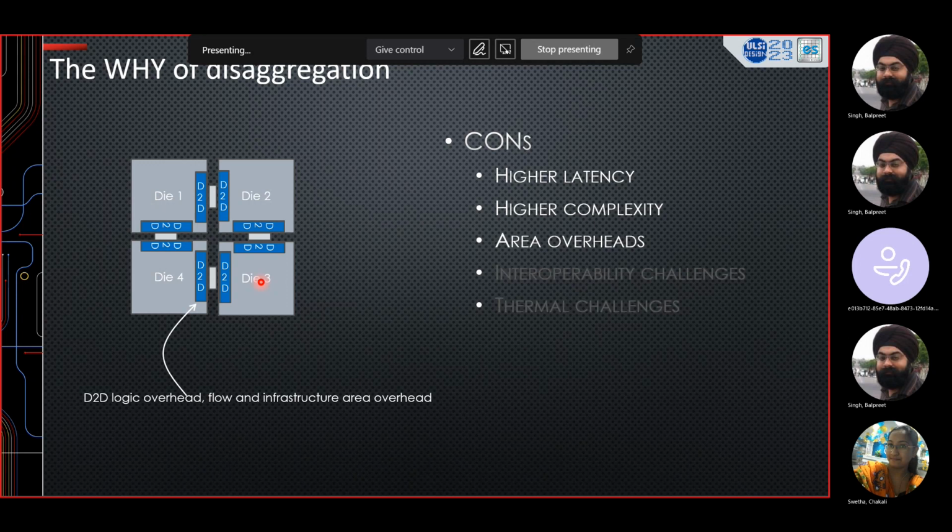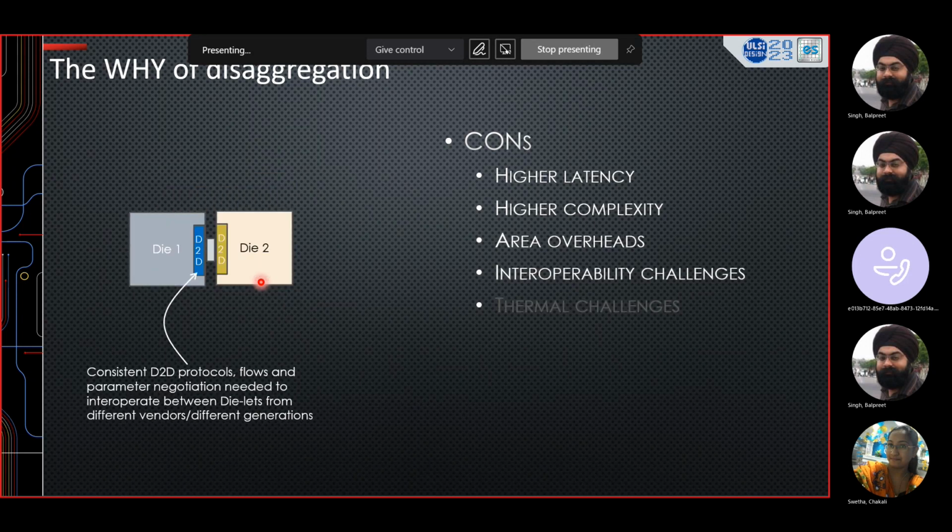Interoperability challenges as well. In an ideal world, let's say I have one dialect from one company and another dialect from another company, and if they're talking the same language, I should be able to interoperate across them. But again, that's in an ideal world, and obviously we need to make sure that both these dialects are talking the same language.